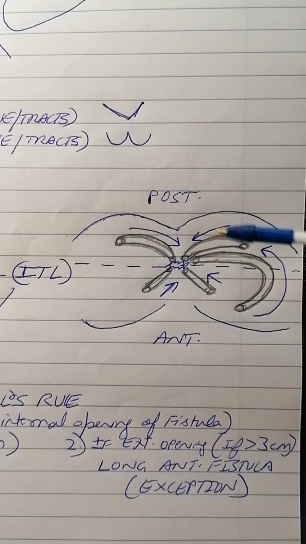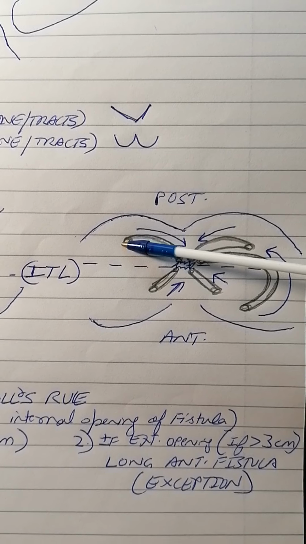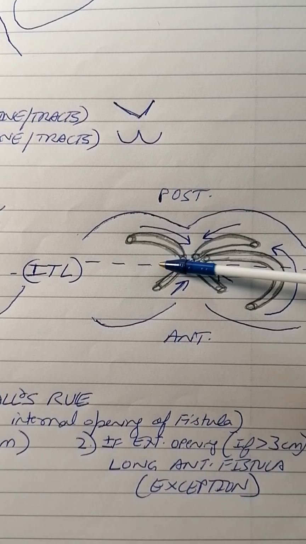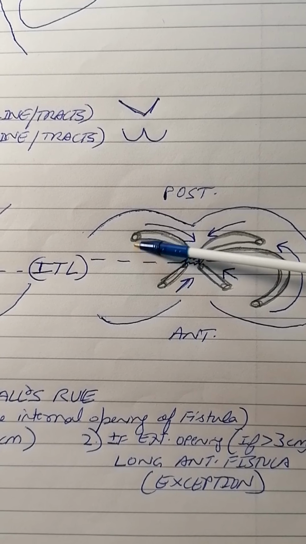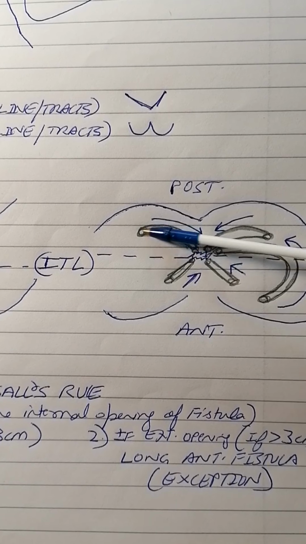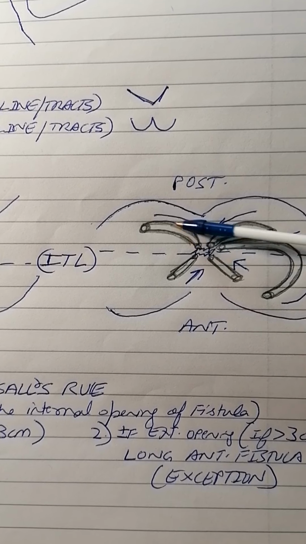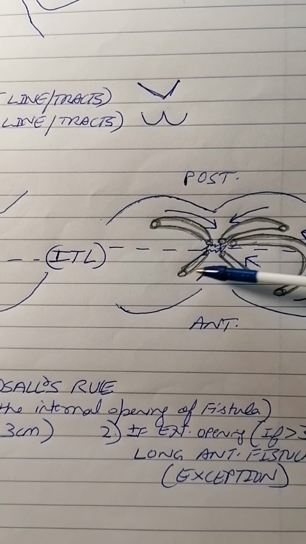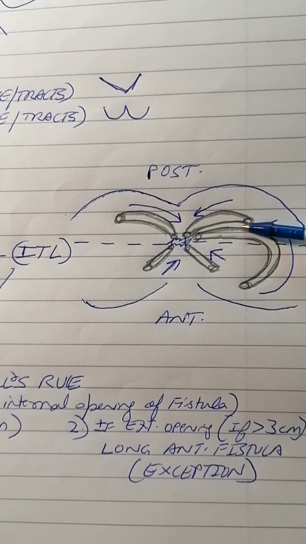But if the external opening in the skin is posterior to this imaginary line, then it won't be straight, it would take a curved track. The fistula would form like a curve, and the internal opening would of course be here, but it would be a curved fistula. Here it was a straight fistula. Same thing as a mirror image on this side. Suppose here's the external opening.